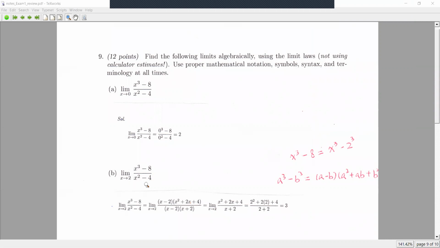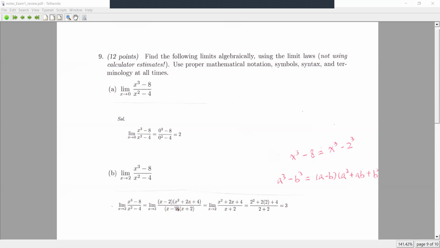To tell the limit, we simplify the function by factorization. By this formula, the top is x minus 2 times x squared plus 2x plus 4. The bottom, x squared minus 4, is x minus 2 times x plus 2.